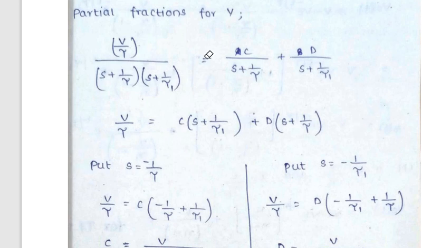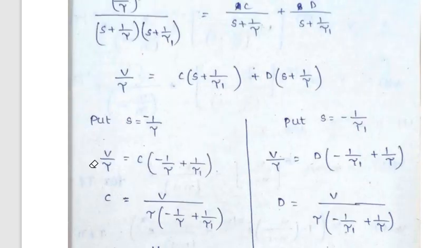Therefore, calculate the values of C and D. To calculate the value of C, substitute s is equal to minus 1 by tau. To calculate the value of D, substitute s is equal to minus 1 by tau 1.